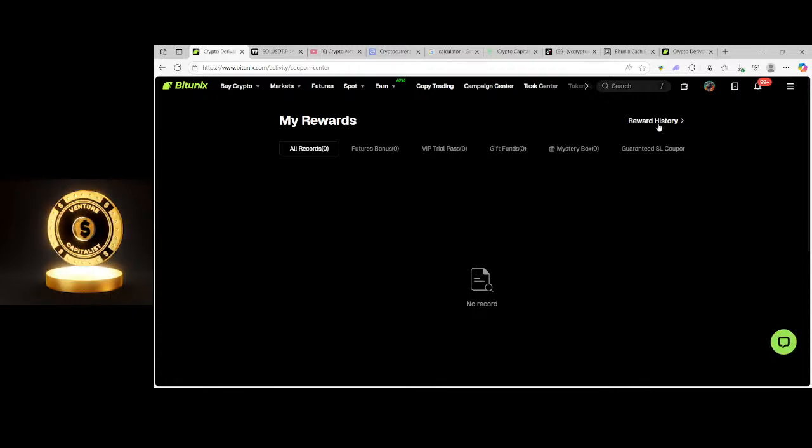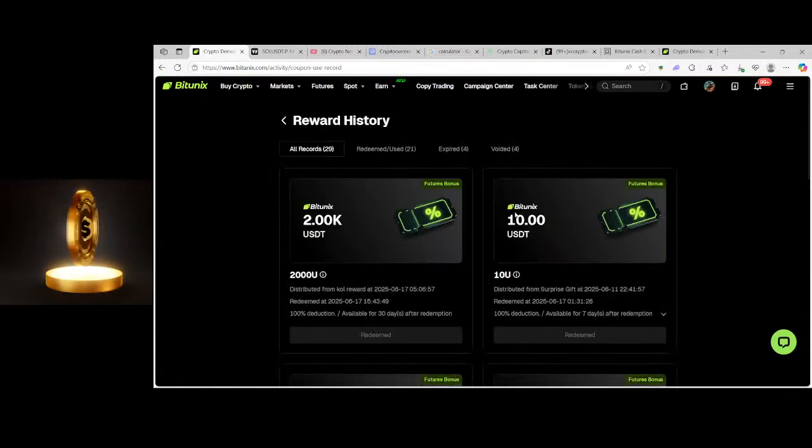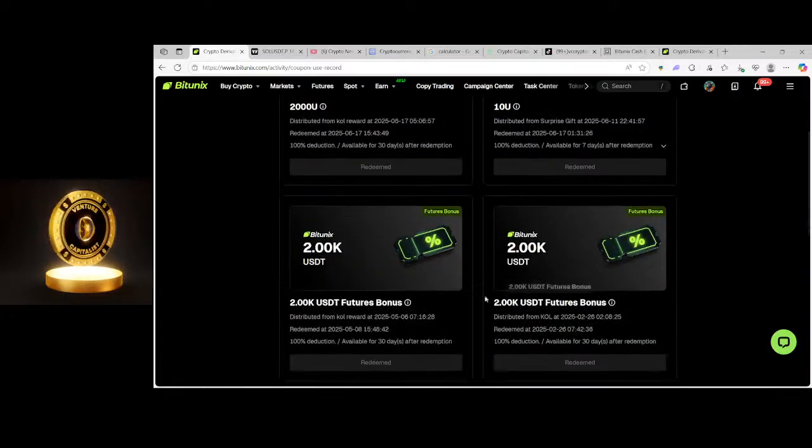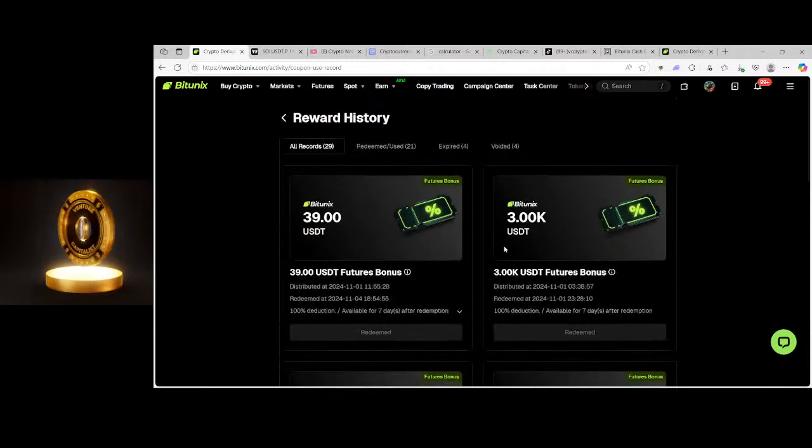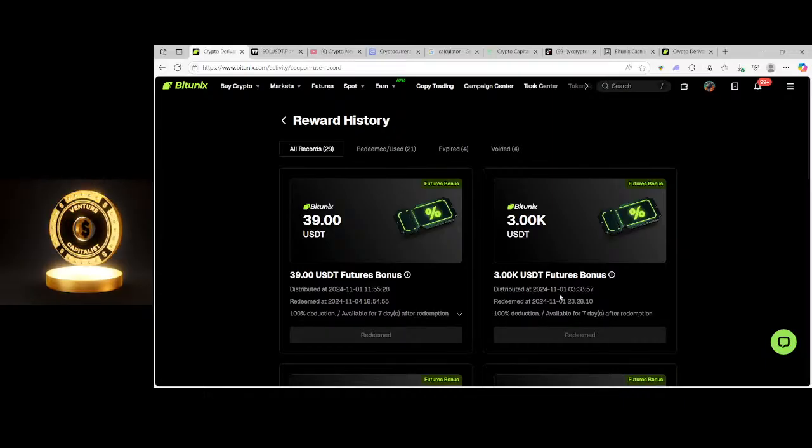When you go to reward history, here's $2,000 in rewards on 6/17, $2,000 on May 8th, February 26th, $2,000, December 2nd, November 12th, $2,000, and $3,000 on November 1st.